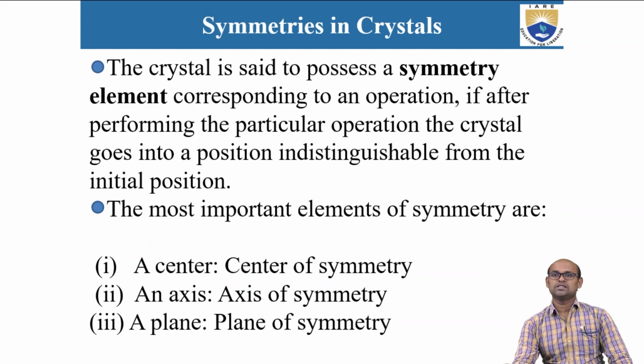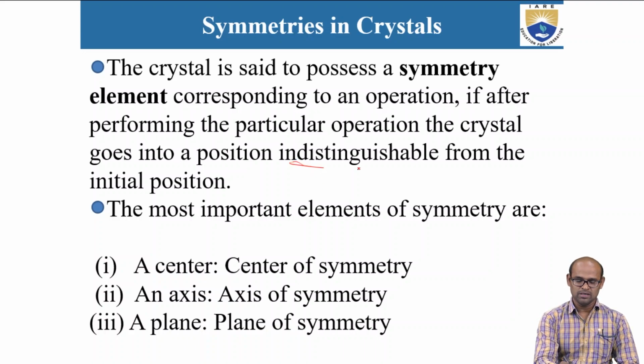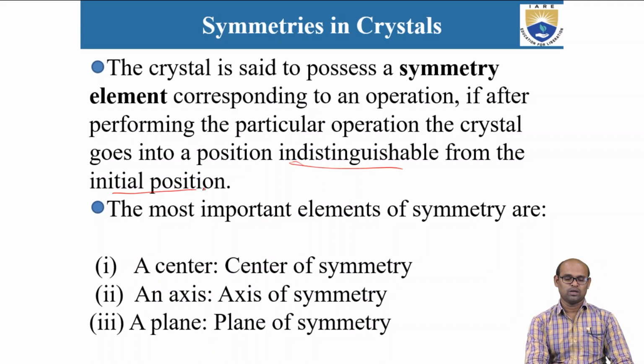So the crystal is said to possess a symmetry element corresponding to an operation if after performing the particular operation, the crystal goes into a position indistinguishable from the initial position.